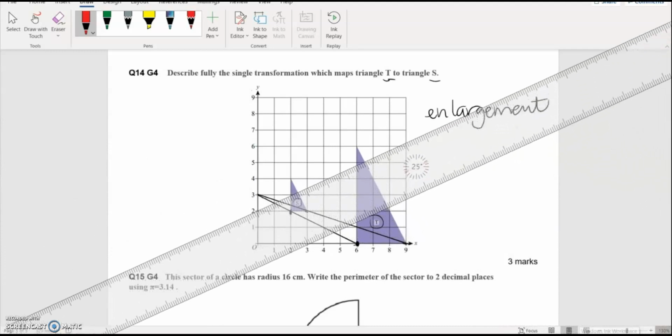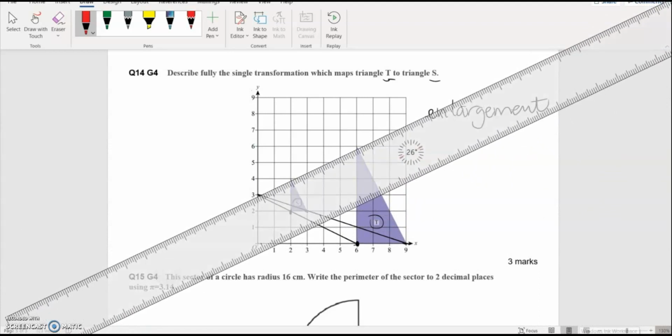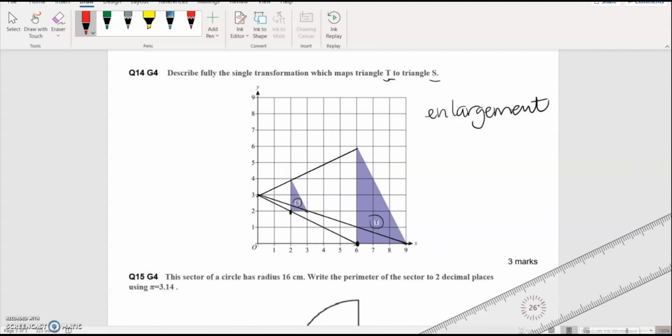And the other 2 similar corners, as you can see, if we extend the line, we get this point. So this is the center of enlargement. So we'll say with center, this point, which is (0, 3).